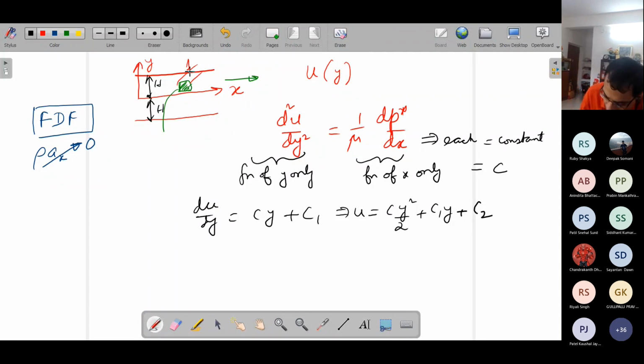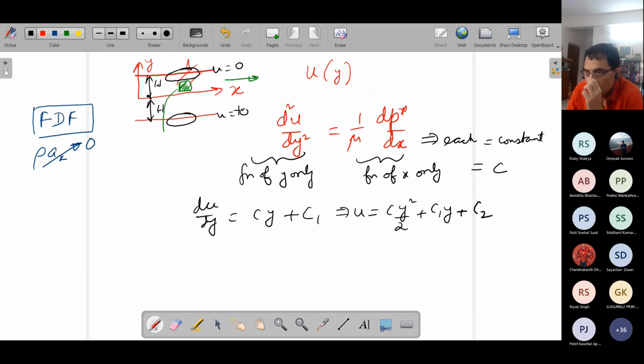For example, if the boundary condition at this wall and at that wall were different, then despite the geometric symmetry, the problem would not be overall symmetric. But here, at both the walls, you have no slip. We are not considering slip as a part of this. Those of you who are interested in slip flow dynamics have to wait for the microfluidics course that I will teach in the next semester.